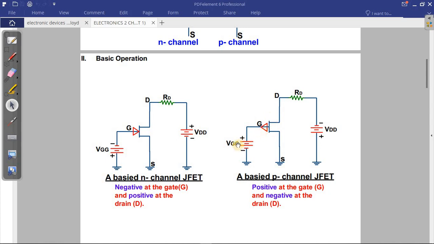For the P channel, we must have positive on the gate side and negative on the drain side. Please remember this. That's why I made a short sentence here for the two: for the N channel, negative at the gate and positive at the drain; for the P channel, positive at the gate and negative at the drain. It's a basic thing about the JFET.